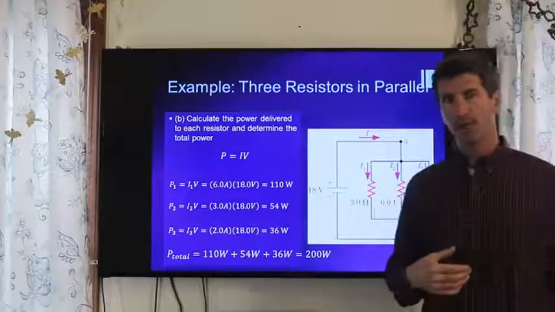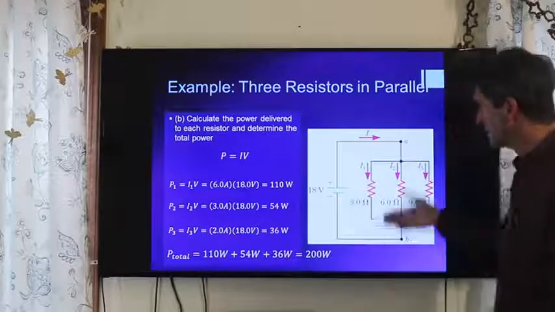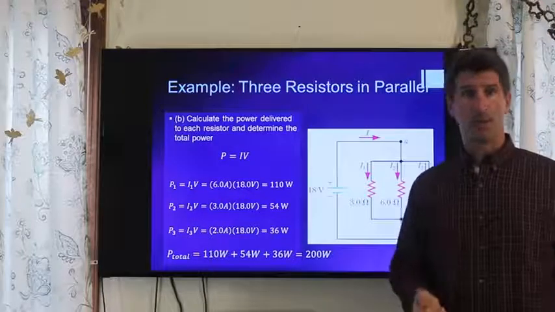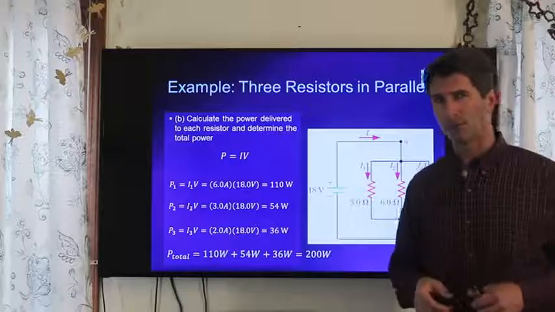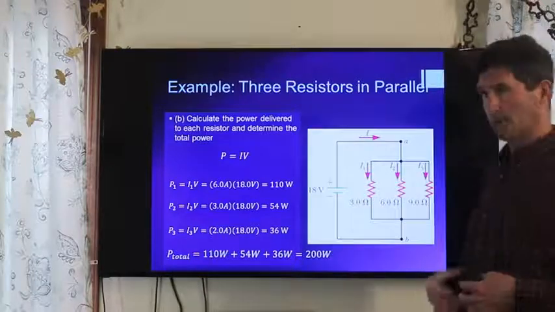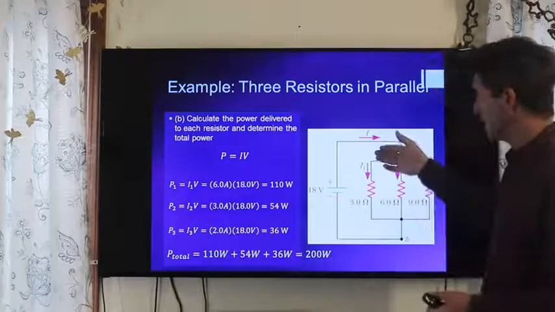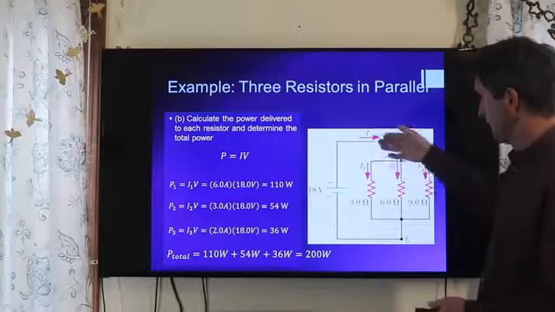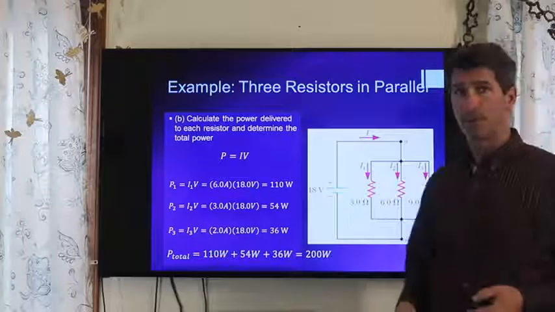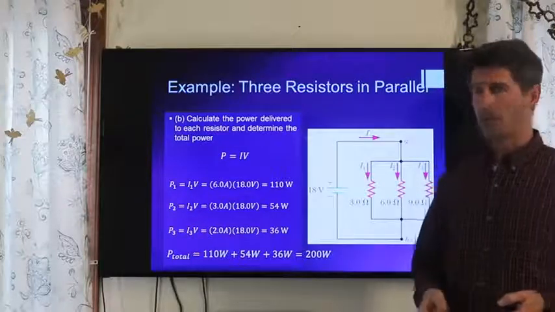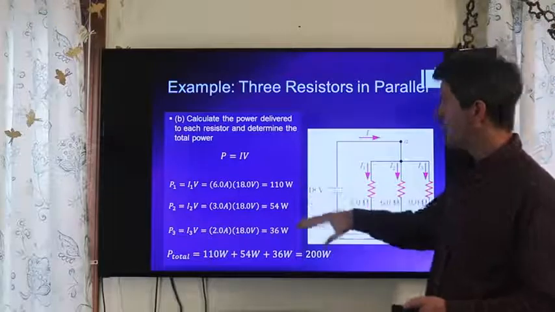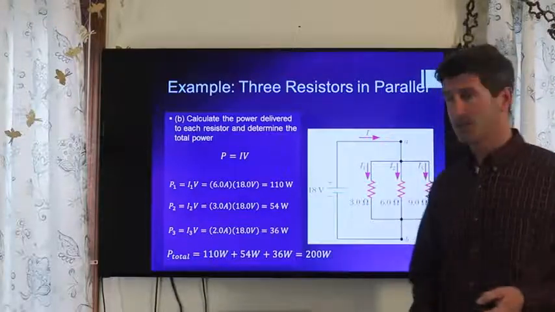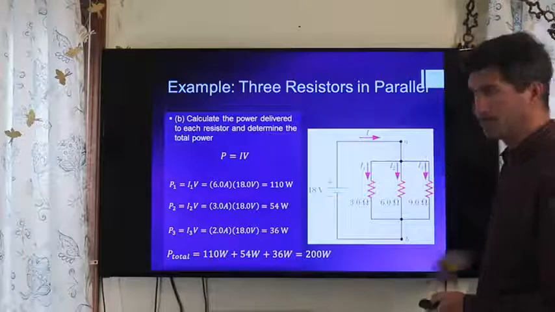What is interesting here is in parallel, it's actually the lower resistor that uses up the most power. A little counterintuitive. We think that if it's more resistive, it would end up using up more power. But actually, power dissipated really goes by the square of the current. So it's important to understand that if we've got a lot of current going through something, we're typically going to have a large amount of power dissipated. So 110 plus 54 plus 36, the whole power dissipated by the system, 200 watts.